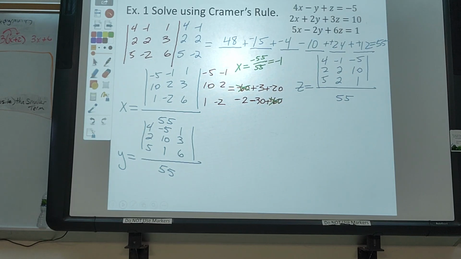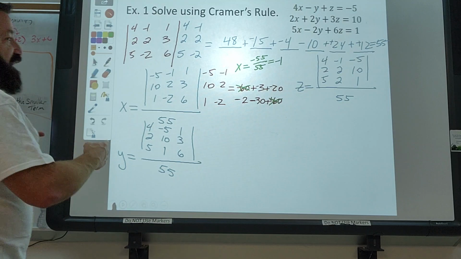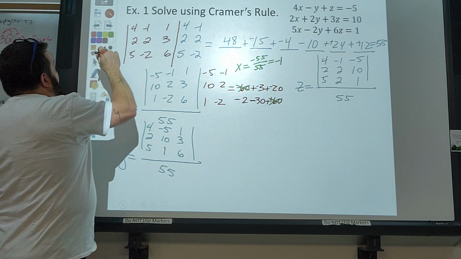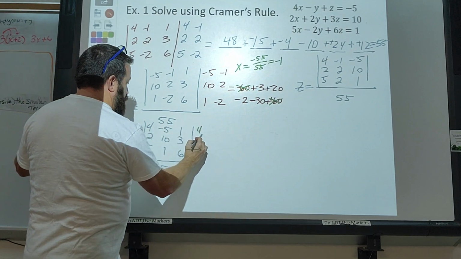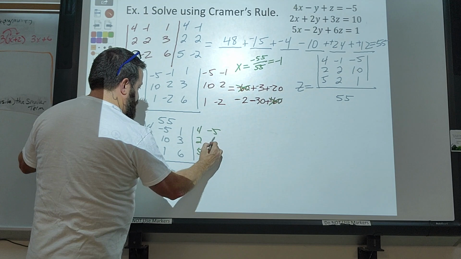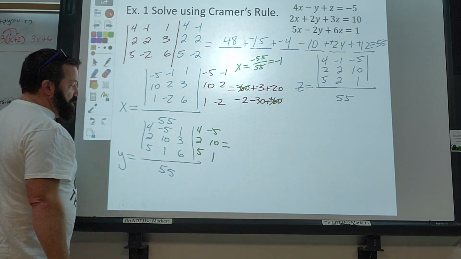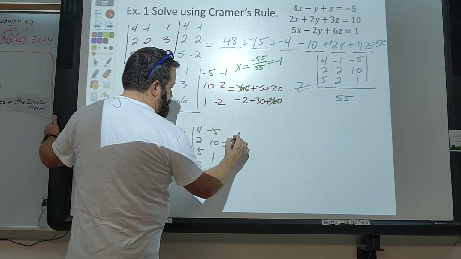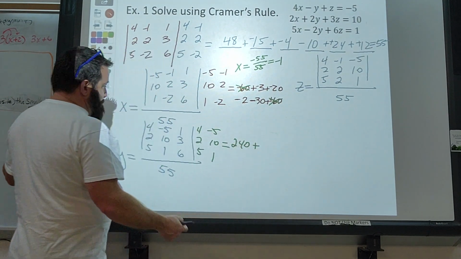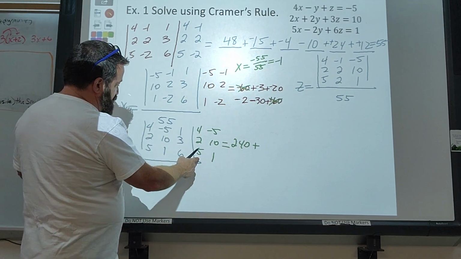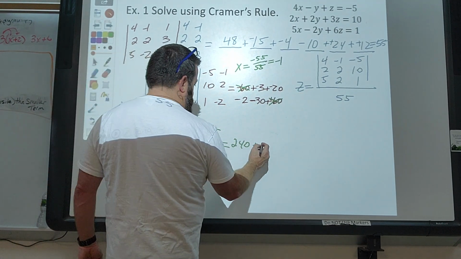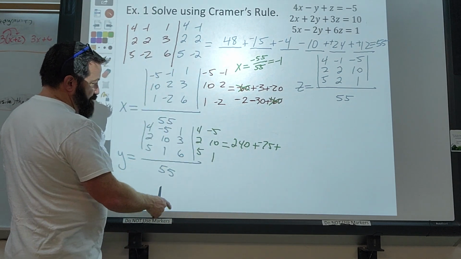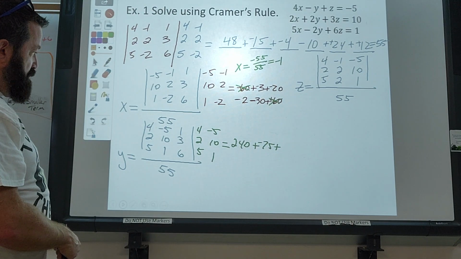If I remember correctly, the y value turned out to be like 110 divided by 55. I think it came out to be like 2. So let's see if that actually happens here. So 4, 2, 5, negative 5, 10, 1. So again, doing products. 6 times 4 is 24, times 10 is 240. Negative 5 times 3 times 5, so that's negative 75. 1 times 2 times 1 is 2.